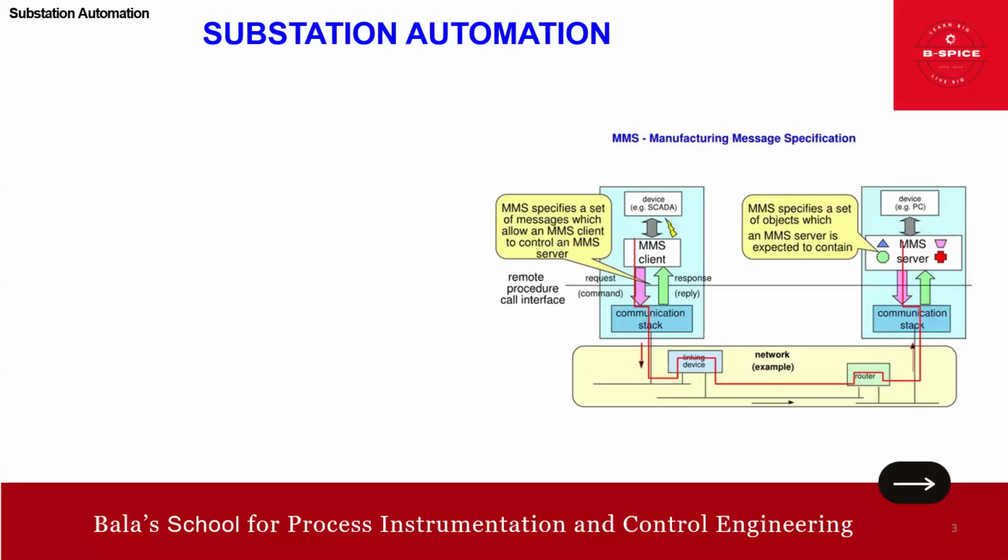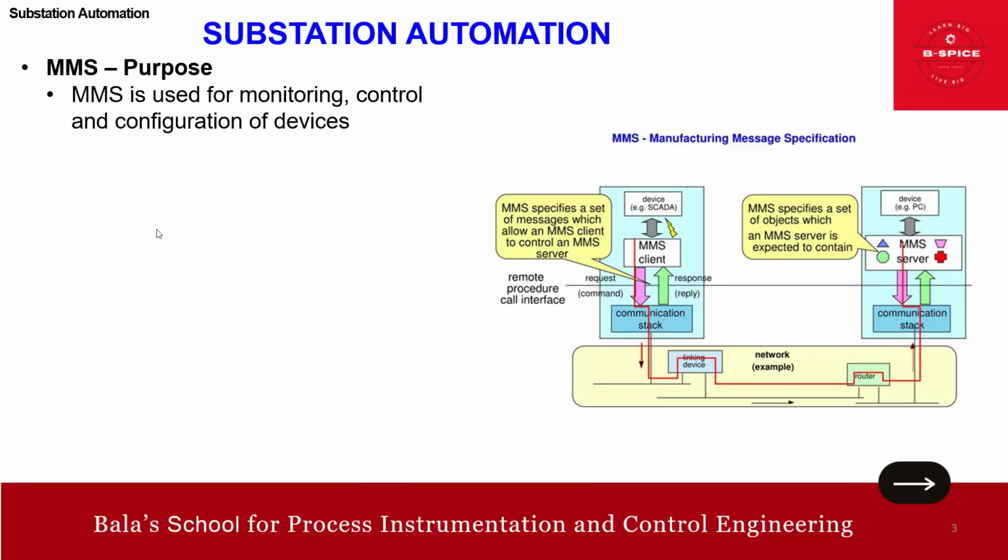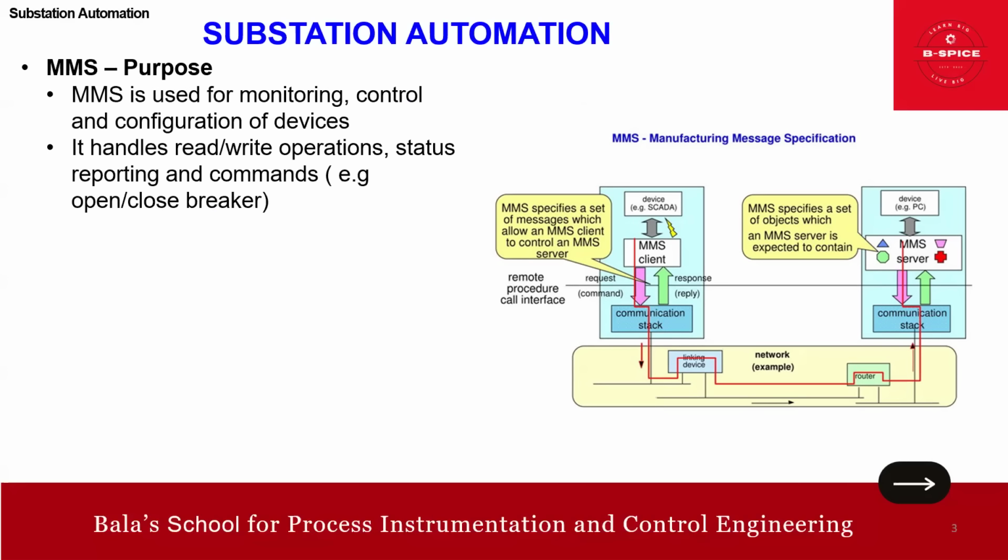Now let's get on with the details of MMS. This is a typical look and feel of the MMS structure. As you can see here, the MMS client and MMS server and how they communicate are depicted. MMS is used for monitoring, control and configuration of devices. It handles read and write operations, status reporting and commands, for example, open the breaker, close the breaker.